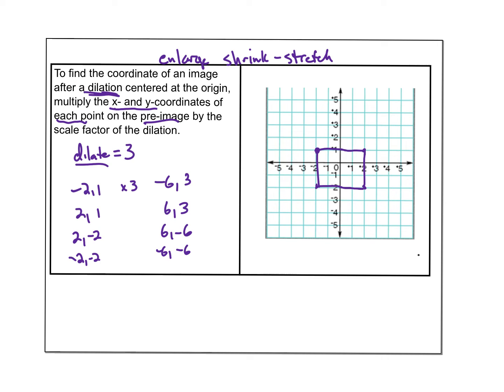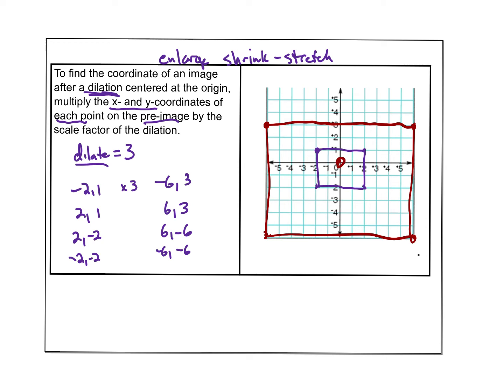So my new dilated rectangle here would be -6, 3, 6, 3, 6, -6, and -6, -6. So my dilated rectangle would look like this, by a factor of 3.